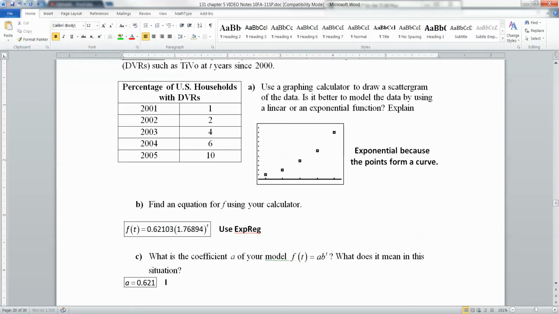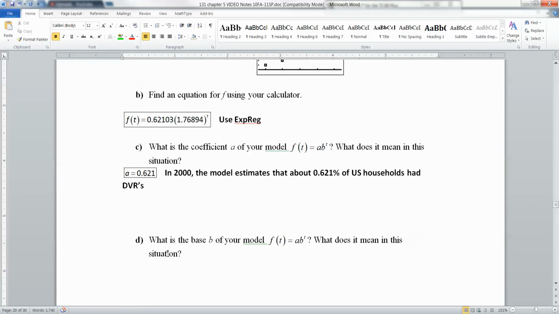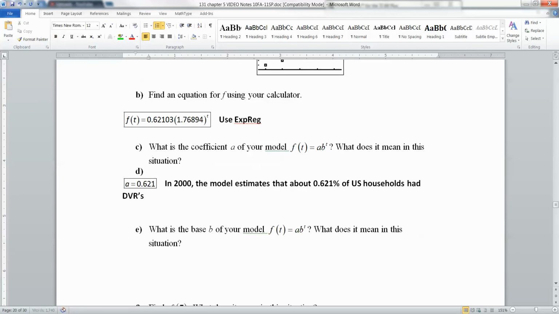So in 2000, the model estimates that about 0.621% of U.S. households had DVRs. Much smaller than it is nowadays, right?